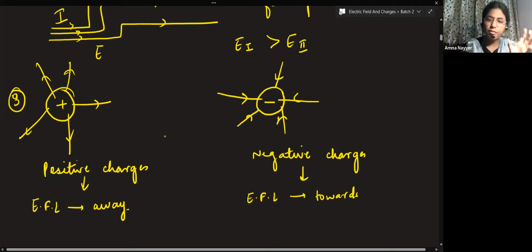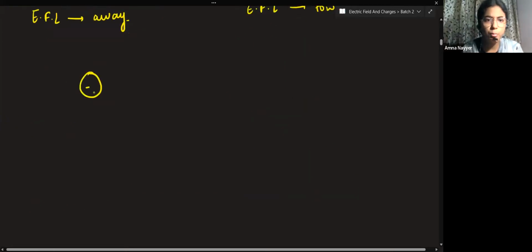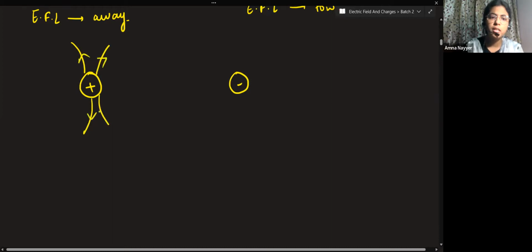All right. Now see, if you are given positive and negative charges together, what will happen? Electric field lines due to this positive charge will be moving away from this charge. And because of the negative charge, electric field lines will be coming towards it.